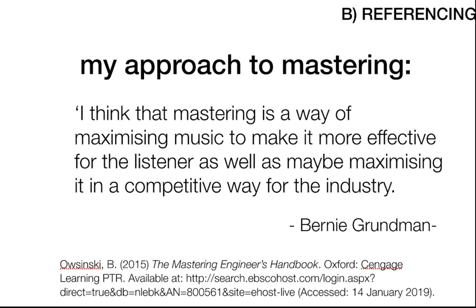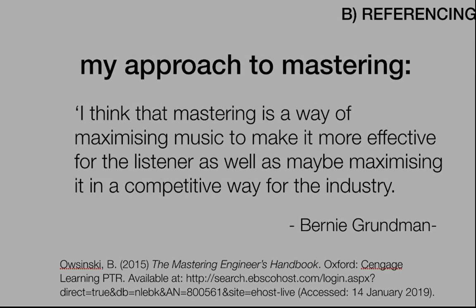So Bernie Grundman talks about mastering by saying that it's a way of maximizing music to make it more effective for the listener, as well as maximizing it in a competitive way for the industry. This quote is taken from Owinski, the Mastering Engineer's Handbook. Okay, so this is another way that you might like to quote. So again, we're showing as well as talking, as well as explaining why we're using this reference.